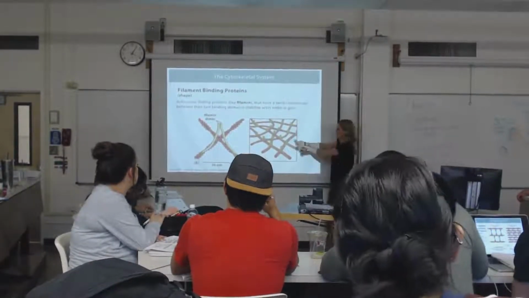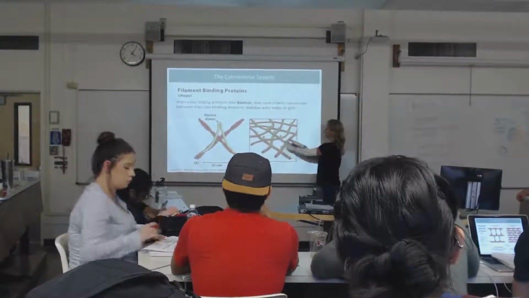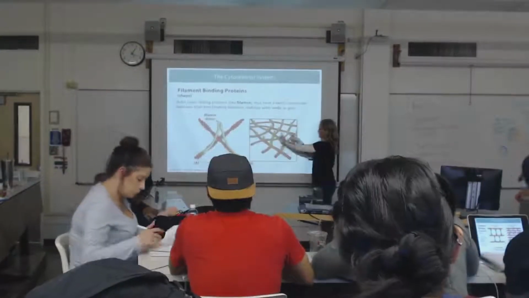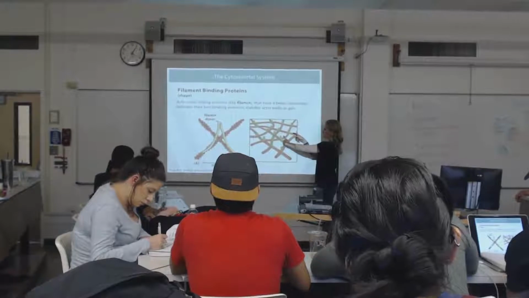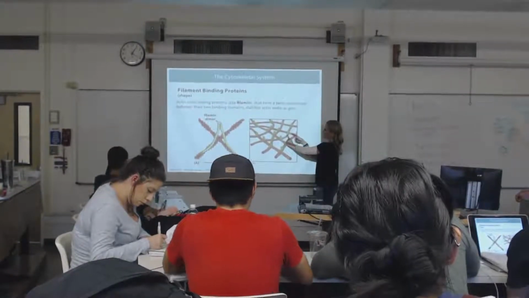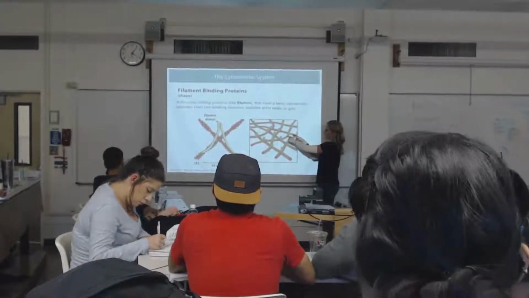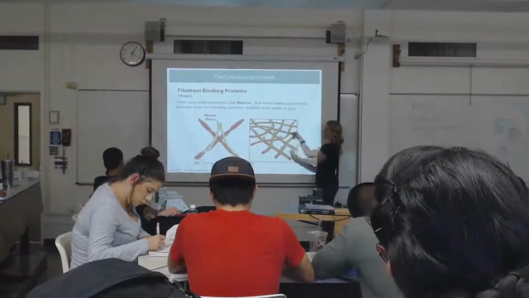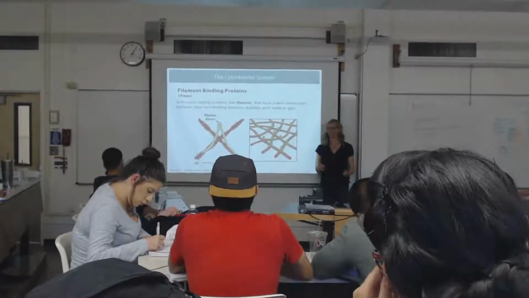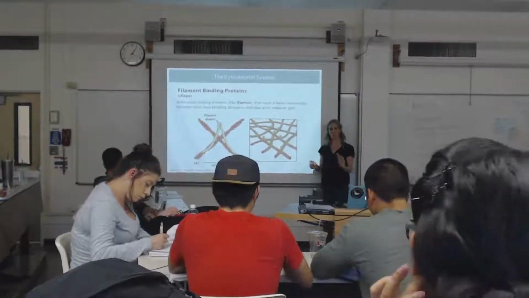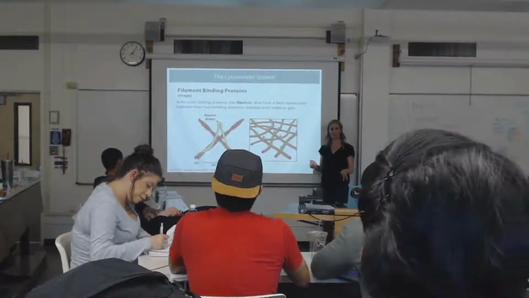Filamin is an L-shaped protein that reinforces the crisscross by one L binding one filament and the other L binding the other filament at the crossing location.